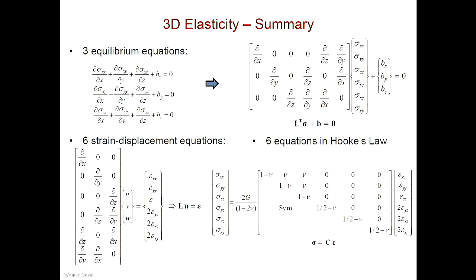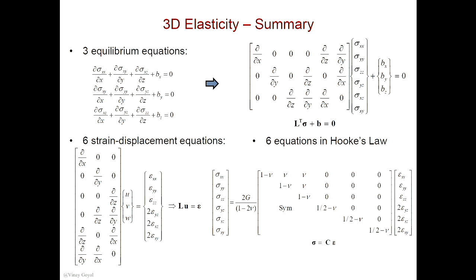Okay, if you multiply the first row times the first column, you will get the first equation. Okay, so it will work out. The second row times the column there will give you that equation, and the third row times that column will give you that equation. So you have 3 equations, and these derivatives I put in here logically. So when I did these multiplications, it works out, and I get that governing equation.